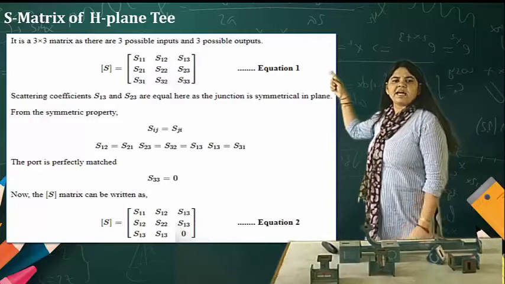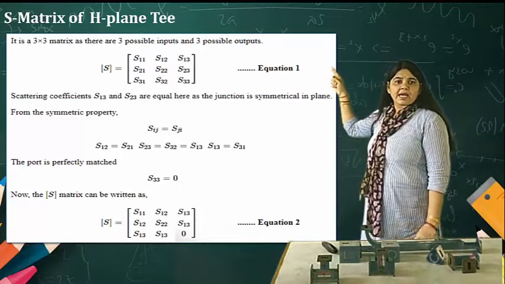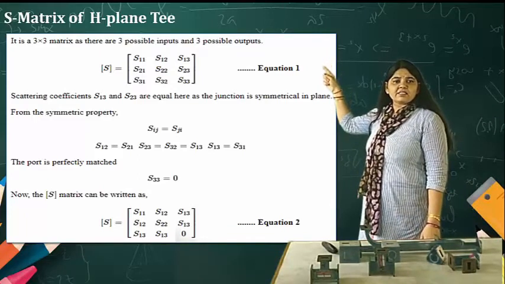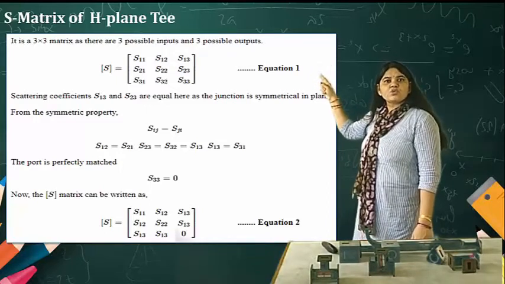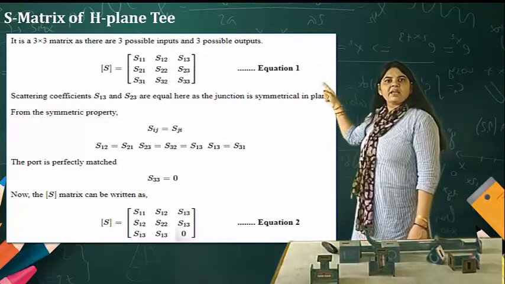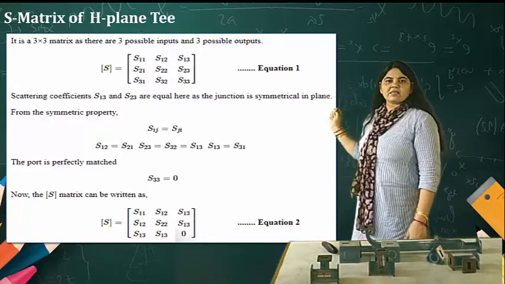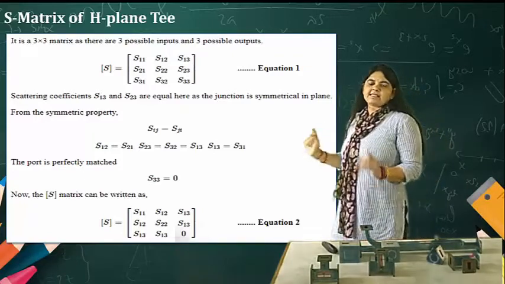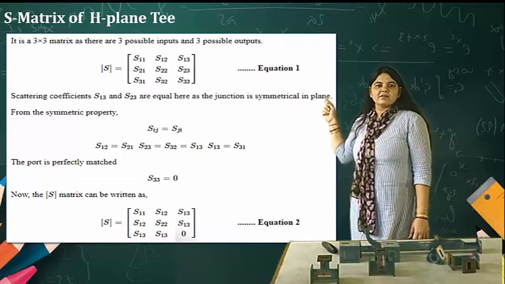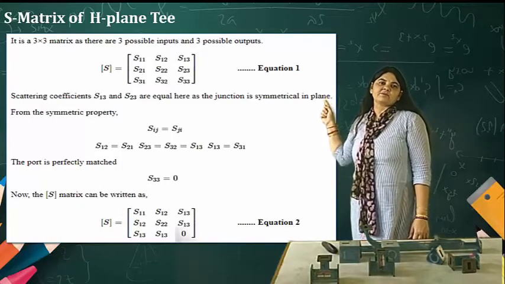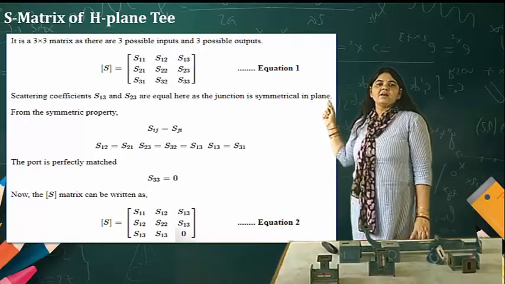Now, the first thing I told you last time is that the S matrix is an n by n matrix. So I have the S matrix S11, S12, S13, S21, S22, S23, S31, S32, S33. The second thing is the symmetry property of the S matrix, Sij is equal to Sji.